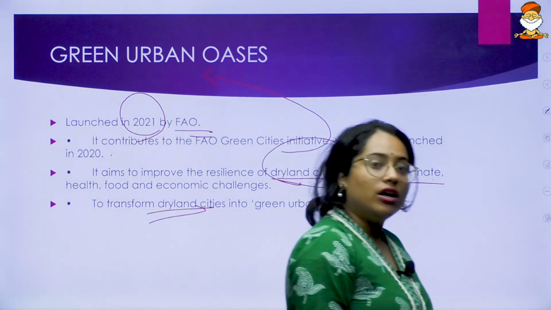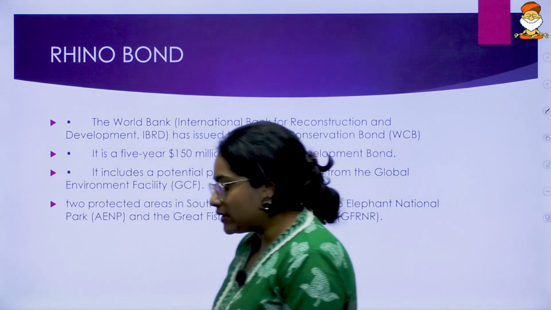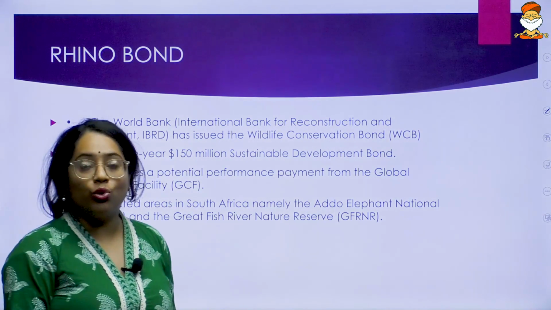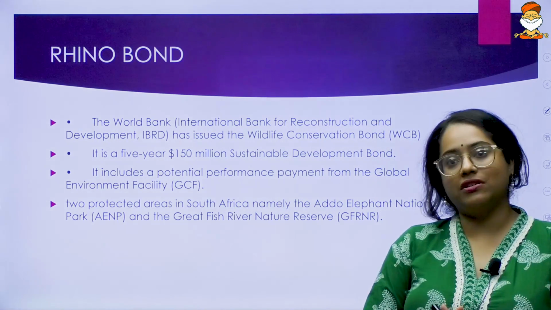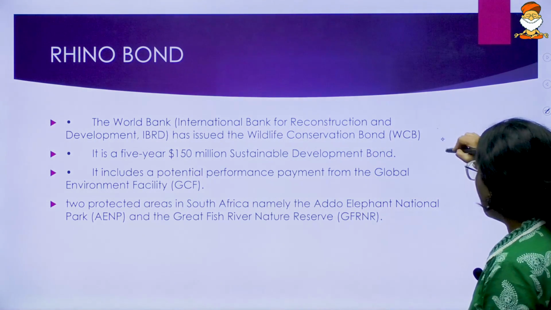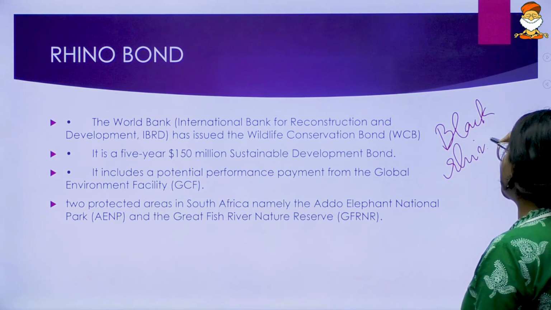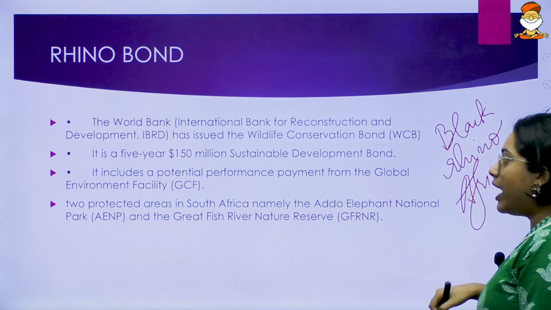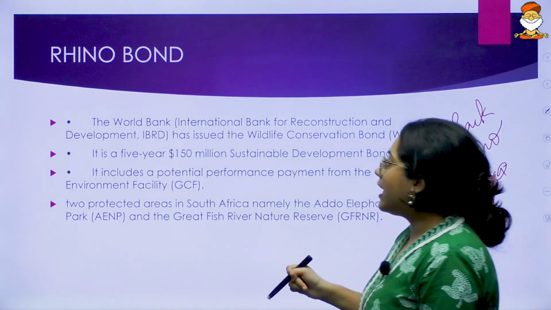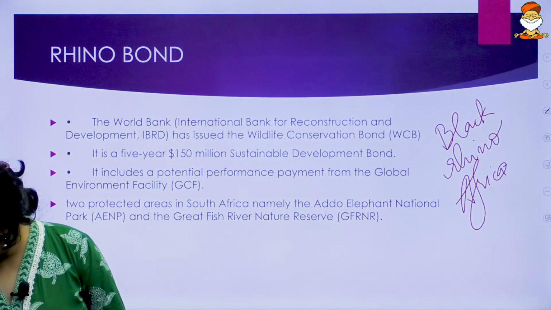I hope you all are familiar with this initiative called the Rhino Bond. The World Bank had incorporated this mission primarily for the protection of the black rhino species, which is seen in Africa, but it's an international bond itself, wherein you can actually invest in these conservation measures.